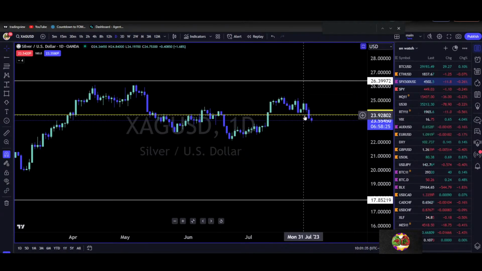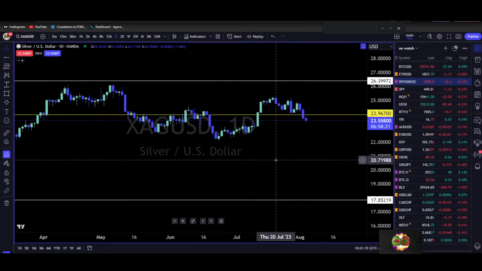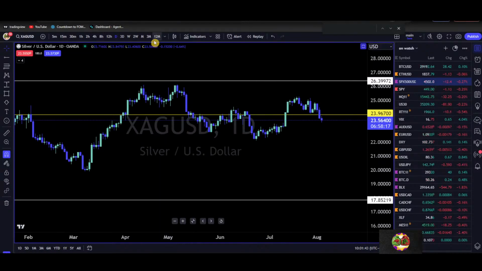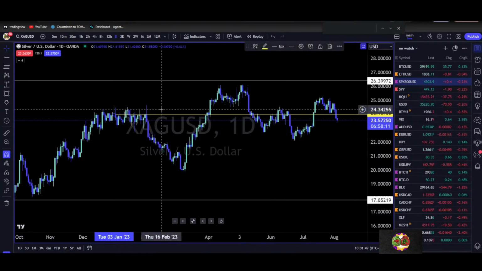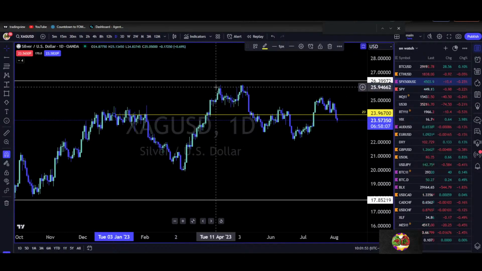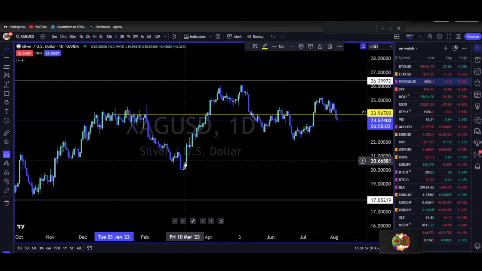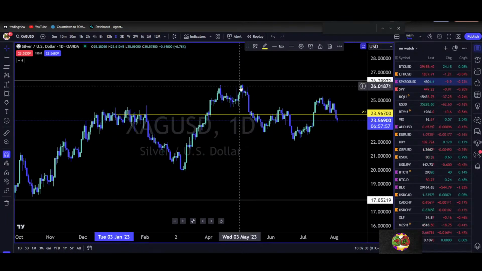This thing was testing support, but it busted right freaking through it. Right through it. That is your yearly opening range on silver. That is 2023. It looks weak. Here's where the open is. It made a deep low and a not so deep high. This move to the downside is bigger than this move to the upside.